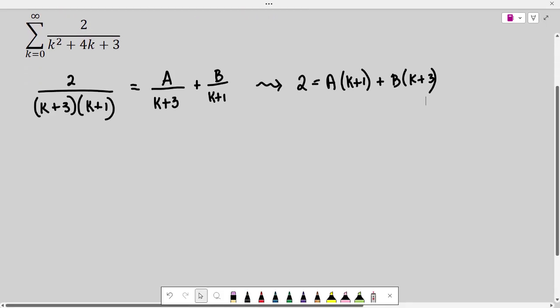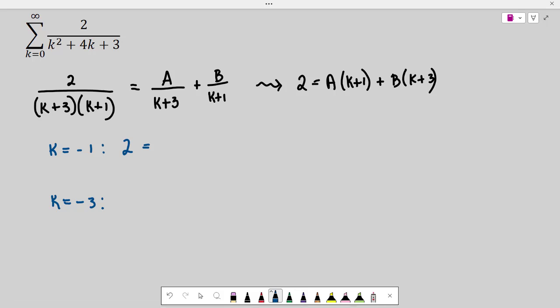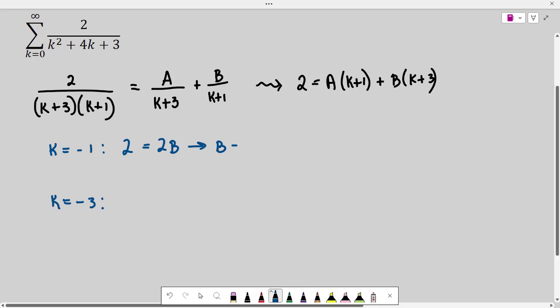What are the two convenient values that we're going to use? -1, -3. Yep. So plugging in -1 first, the equation that we get from our PFD equation here, if we plug in -1, that goes away. -1 plus 3 is 2. So we get 2b. So b is 1.